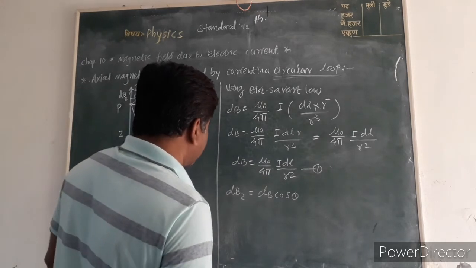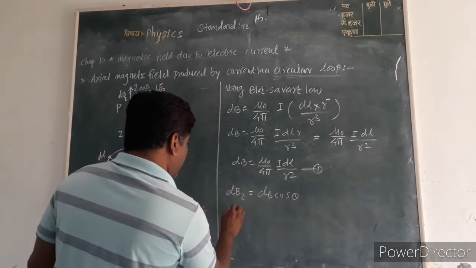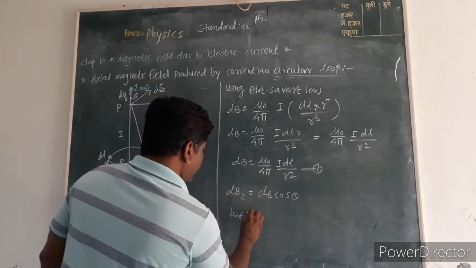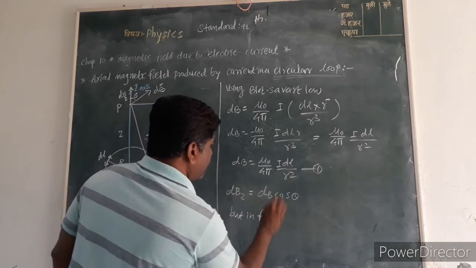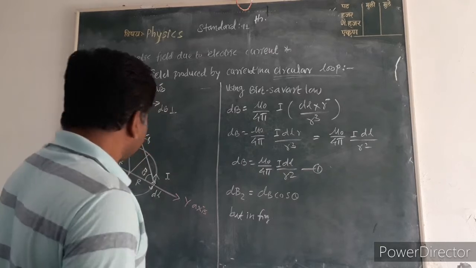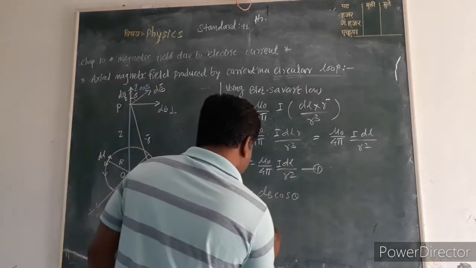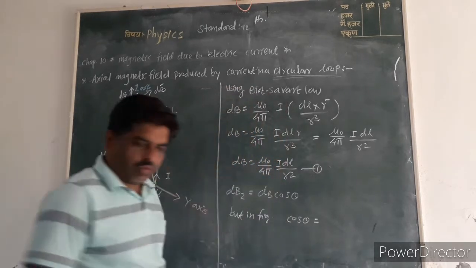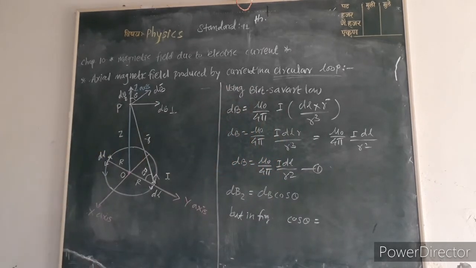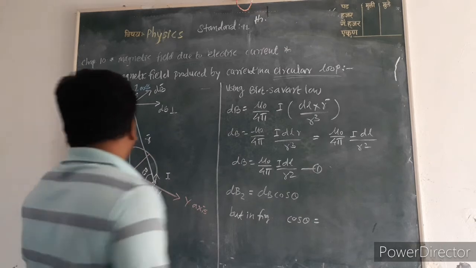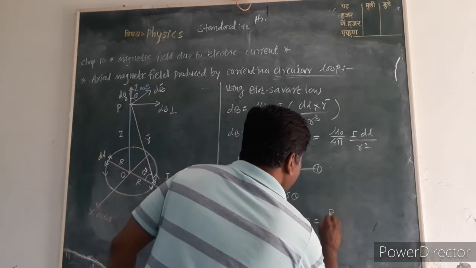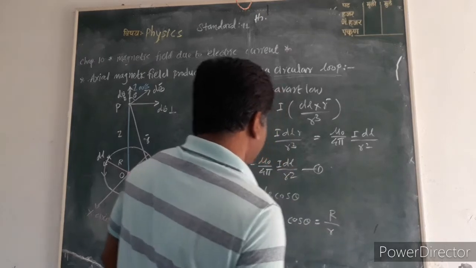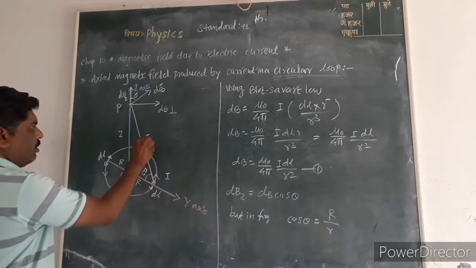But in the figure, the value of cos theta is equal to R upon small r. Now find the value of small r.